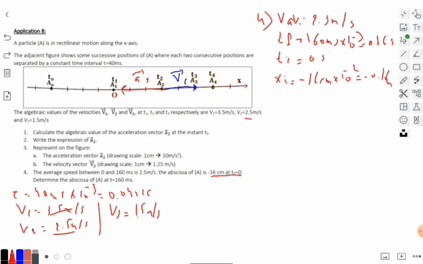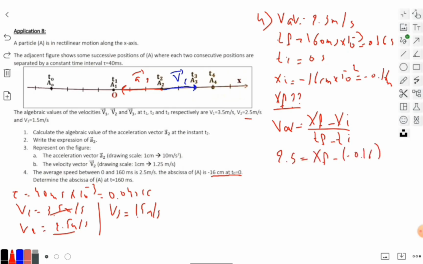Determine the abscissa of A at t equal to 160 milliseconds. So we must calculate x final. We have V average equal to x final minus x initial over t final minus t initial. The average is equal to 2.5, x final is to be determined, minus x initial equal to minus 0.16 meter, over t final 0.16 minus t initial, which is 0.